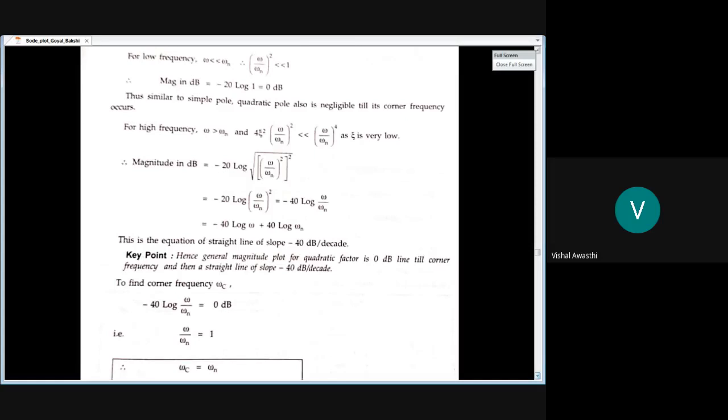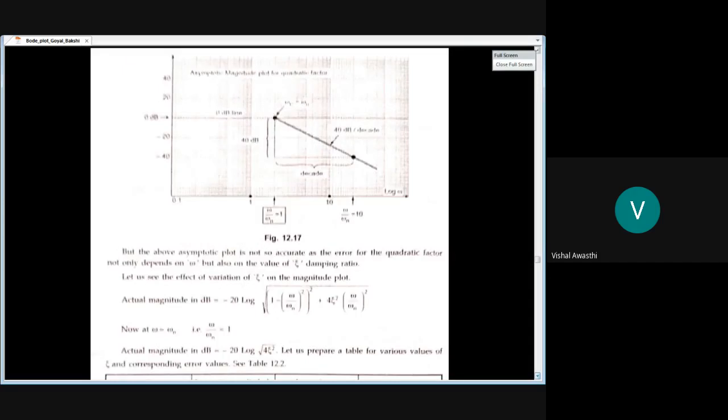It means your corner frequency is omega n. And you know what is omega n? Omega n is the natural frequency. So the natural frequency is calculated the same way as I earlier explained in the time domain. What is that?